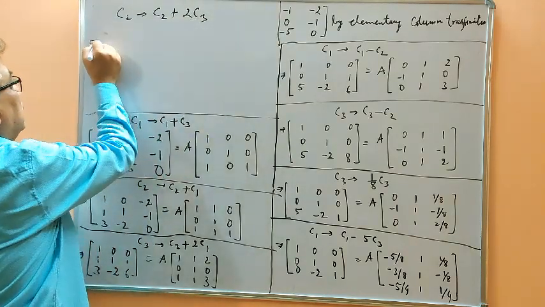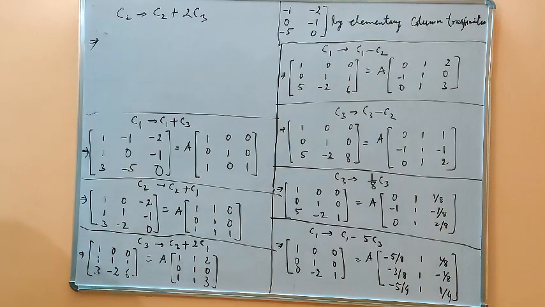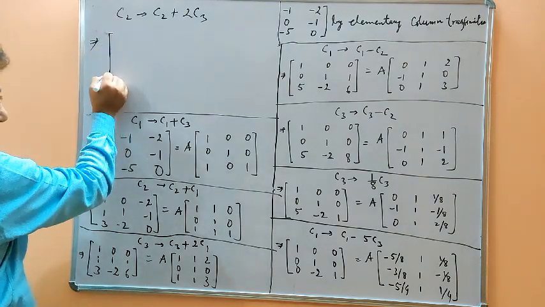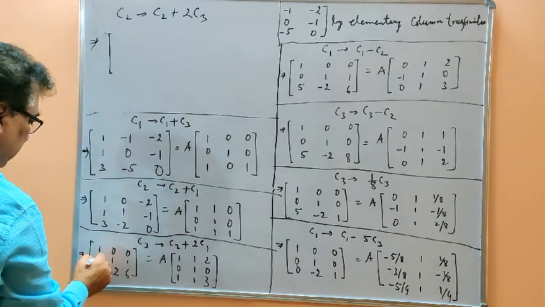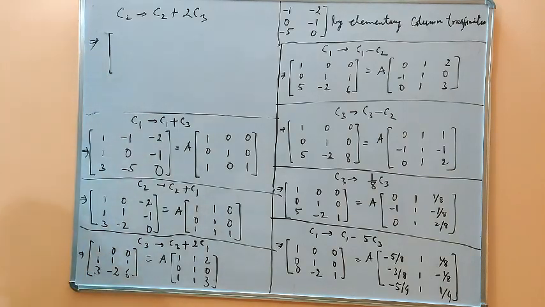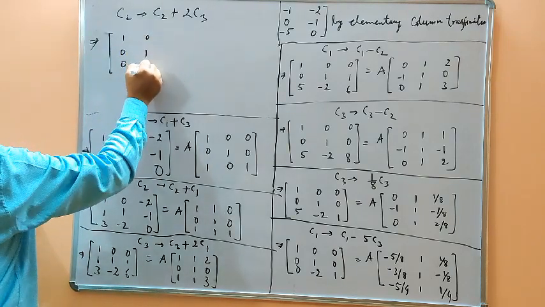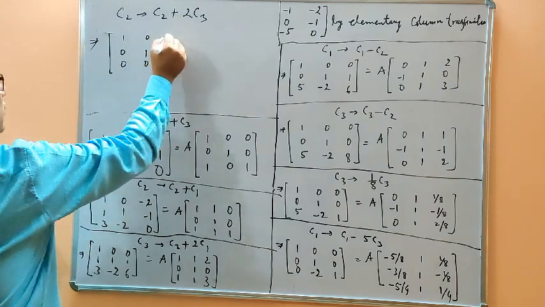Okay. So the results are no change in column 1. Okay. No change in column 1. So it will be 1 0 0 0 1 0 0 0 1. Okay.